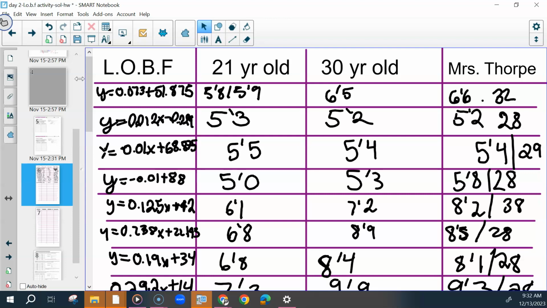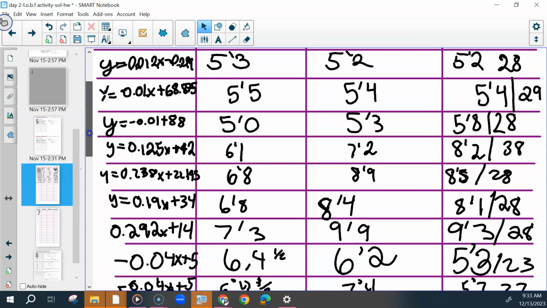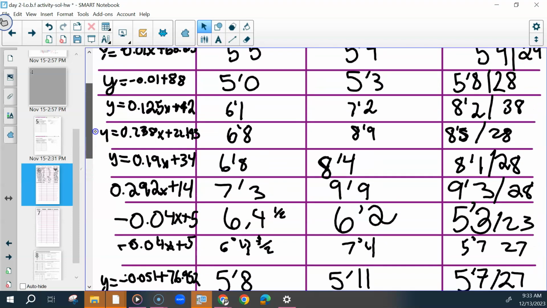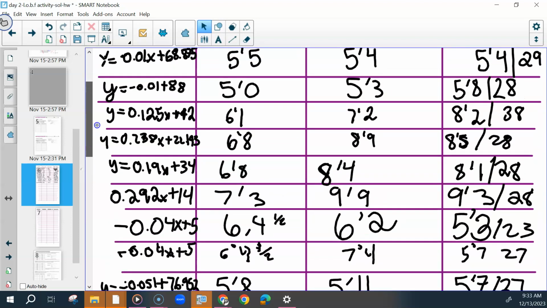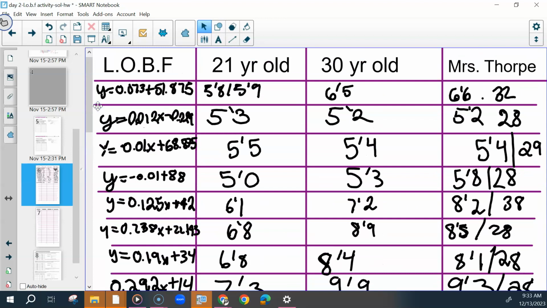So I will say, based on the heights, none of them are right. Based on the ages, there is one that is right. It is between 25 and 35. I will not say which one. But there is one that is right.